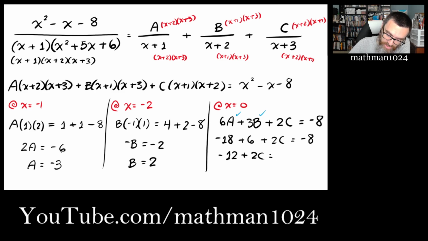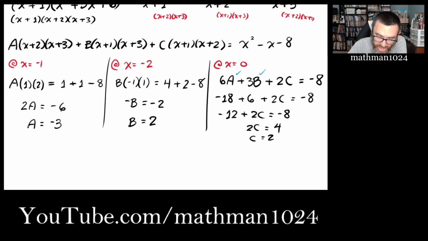Negative 12 plus 2C equals negative 8. 2C equals 4, so C equals 2. You'll see that you would have ended up with the same thing had you plugged in the last critical value of negative 3. Plugging in negative 3 would have killed this guy and that guy. You would have worked it out for C, you plug in the negative 3 over here, and you should get the same thing.